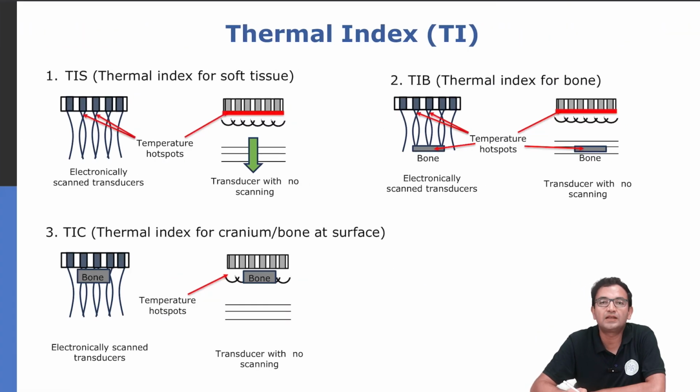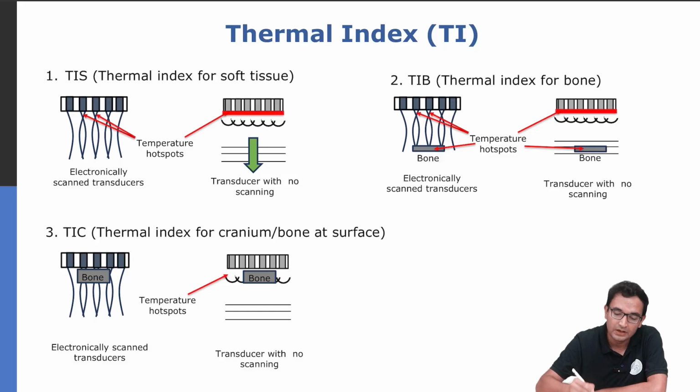We discussed that the thermal index is defined in three ways: thermal index for soft tissue, thermal index for bone, and thermal index for cranium or bone at the surface. Depending on the orientation, for soft tissue, the highest temperature elevation will be near the transducer surface where the beams overlap, because that's where the maximum exposure is happening.